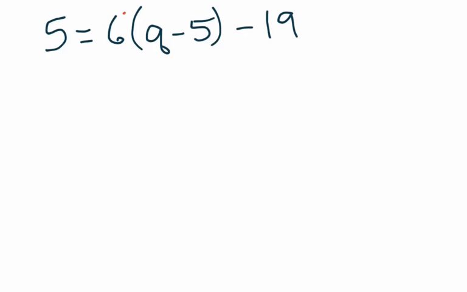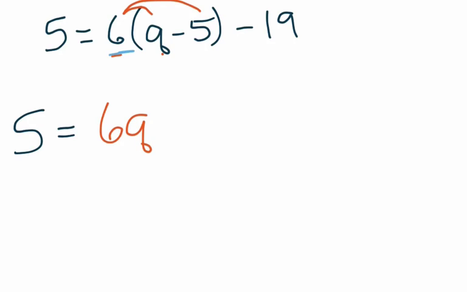So we're going to take 6 times q and 6 times negative 5. The equals 5 is just going to come down. And then 6 times q is 6q, and 6 times negative 5 is negative 30. Then the 19 comes down, just like it was.